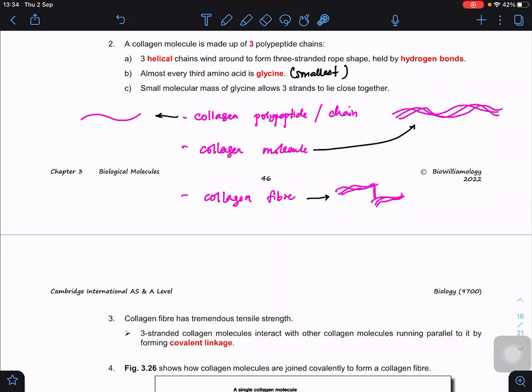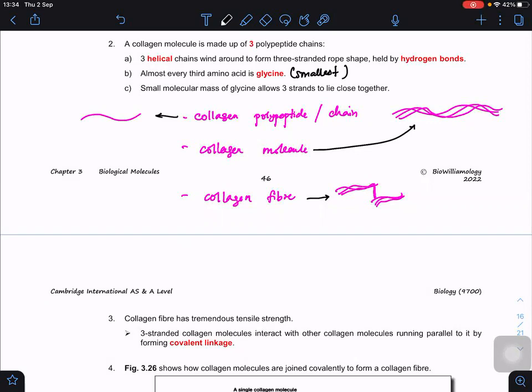You try to imagine that if you have something small, every three of them, they are small. So at this small region, they will be able to wind together, and then allow the hydrogen bonds to be formed between two polar R groups, not between two glycines. Glycine won't form hydrogen bond. Glycine is non-polar. So between polar R groups, the hydrogen bonds can be formed.